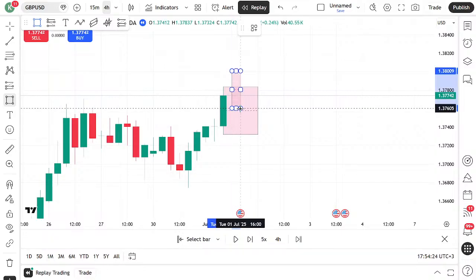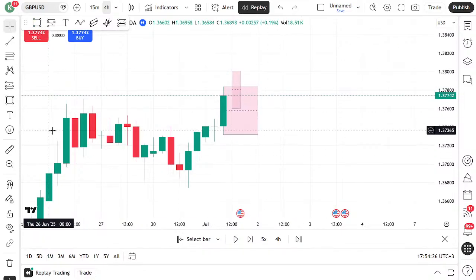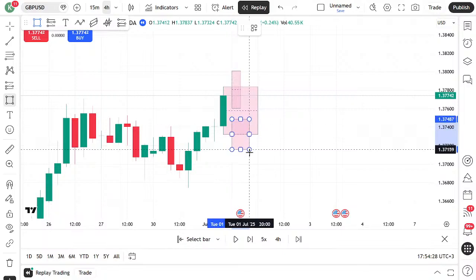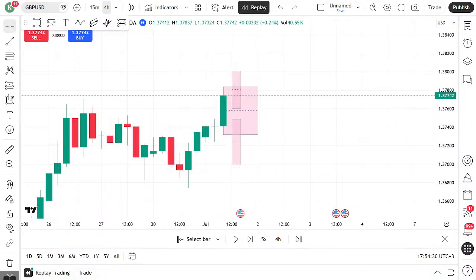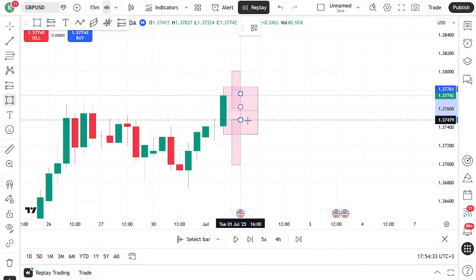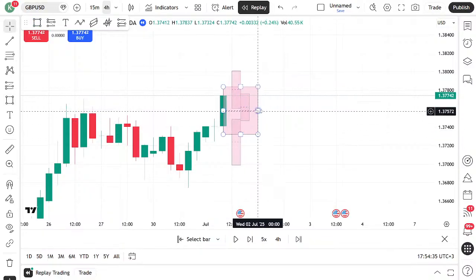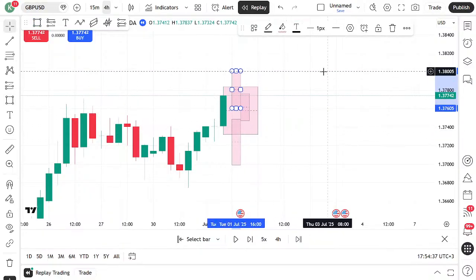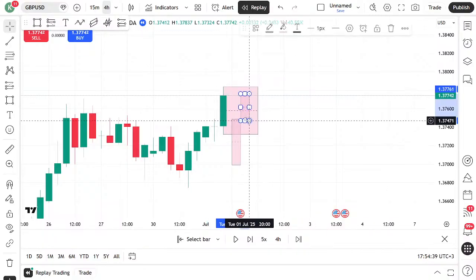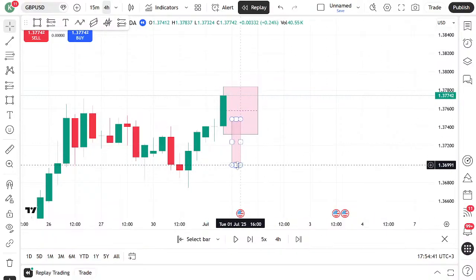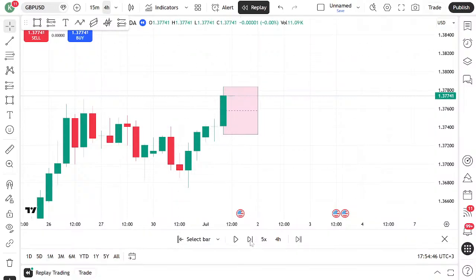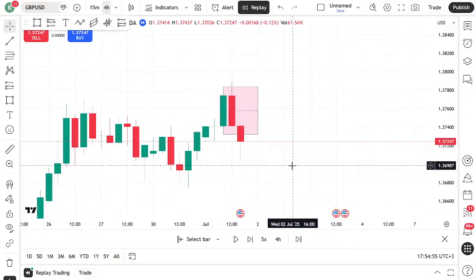We might have a candle closing above or a candle closing below, or we might have a series of candles just closing within the range of the marked high and the marked low of the 4H candle. So in this session, let's see what happened. The next candle closed within the range. The next candle closed outside the range.